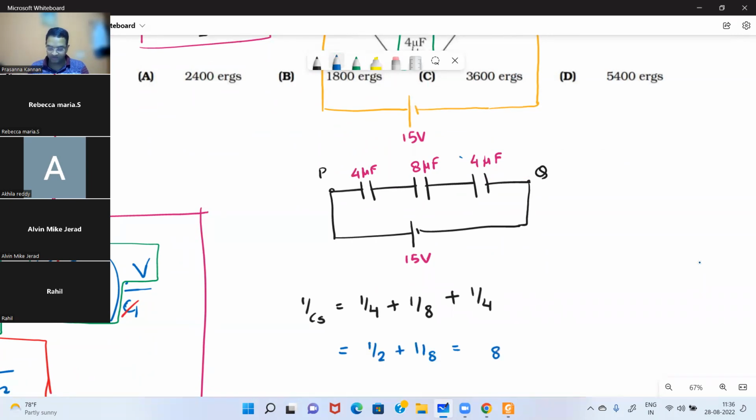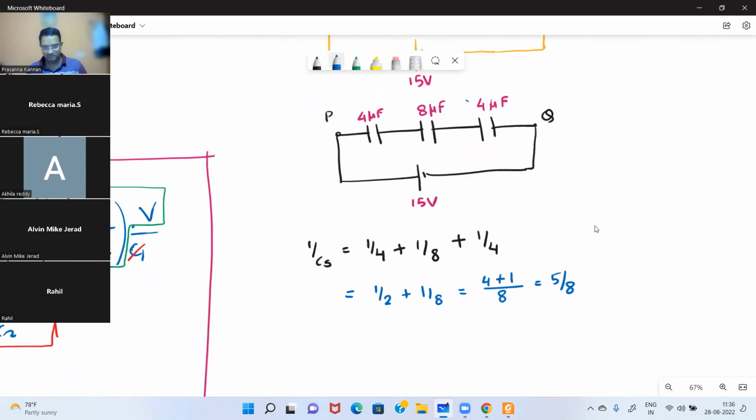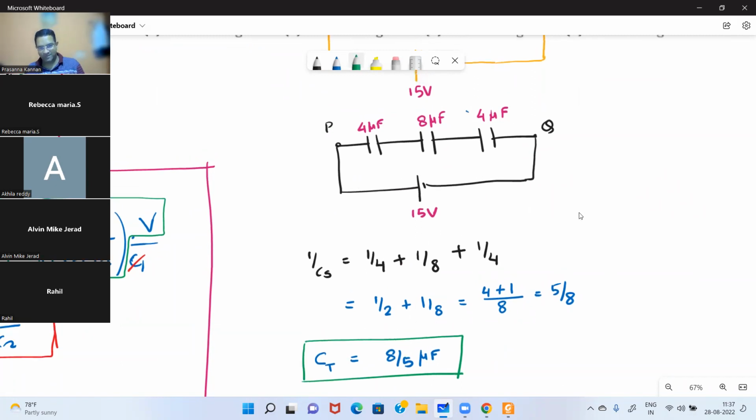LCM is 8, so it's going to be 5 by 8. Your effective capacitance is the reciprocal of this, so the total capacitance Cs is 8 divided by 5 microfarad, or 16 by 10, which is 1.6. Correct? This is the total capacitance.